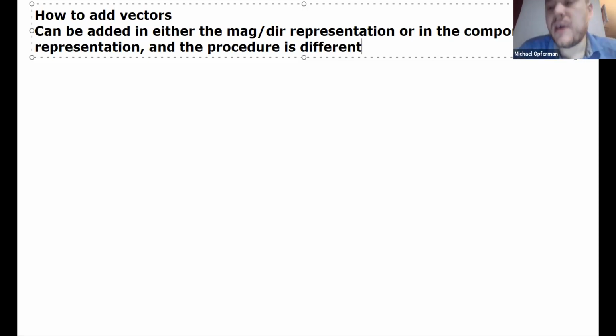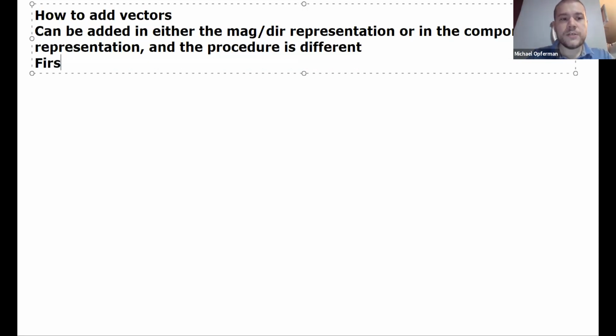Although practically speaking, it's not really the best technique when it comes to calculating things. So first, how to do it in magnitude direction representation.